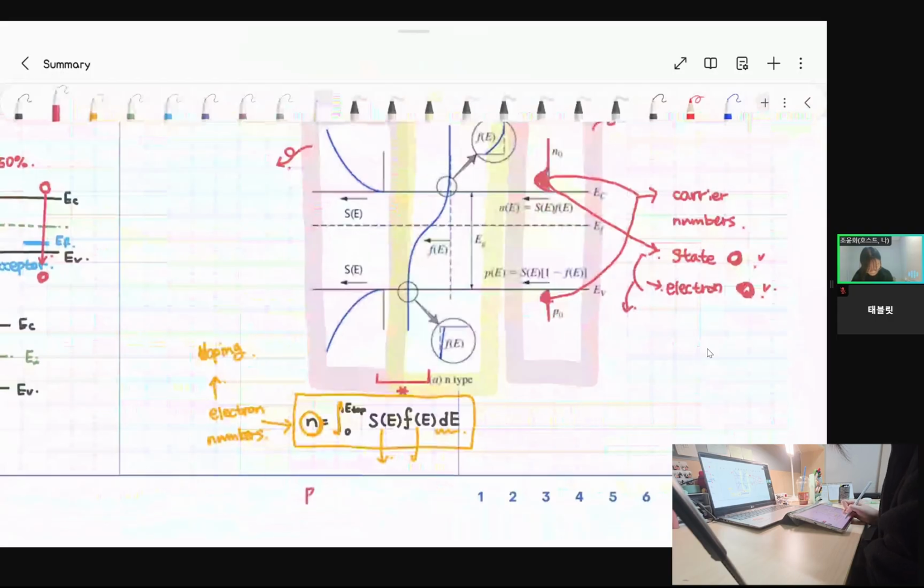We can also calculate the hole numbers by the same formula.